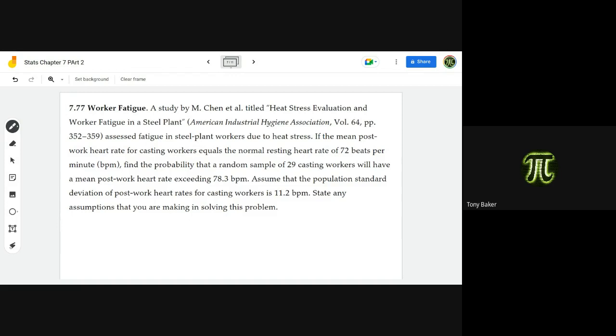And they're using the heart rate to show fatigue. If your resting heart rate is higher, that means your body's working more. Right? The higher your heart rate is, the more your body's working. A typical resting heart rate is pretty low, like the 50s, 60s. Of the casting steel workers, the resting heart rate is normally 72 beats per minute. Okay, so that's a little high to begin with, but they're working in high temperatures and stuff like that. This group that they took is at 78.3.